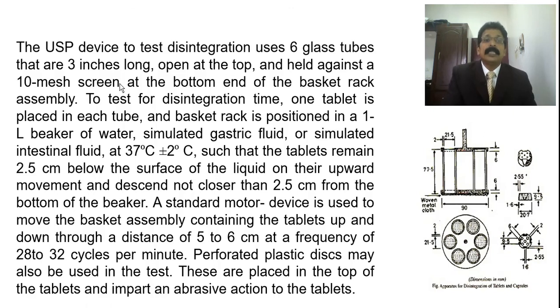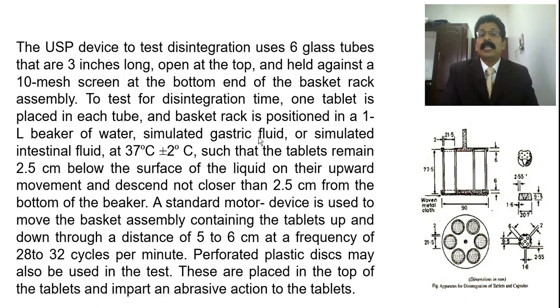You can see the 10 mesh screen at the bottom end of the basket rack assembly. To test the disintegration time, 1 tablet is placed in each tube, so 6 tablets can be kept in the basket, which is positioned in a 1 liter beaker of water.